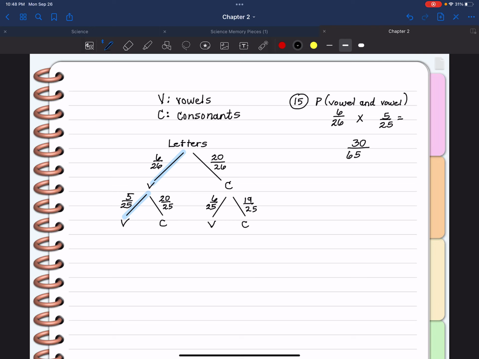So I know I could divide those at least by 5. So 30 divided, let me just put it in the calculator. 30 over 650 equals 3/65. So we divided it by 10 top and bottom, and we get 3/65. So I like answer A on that one.